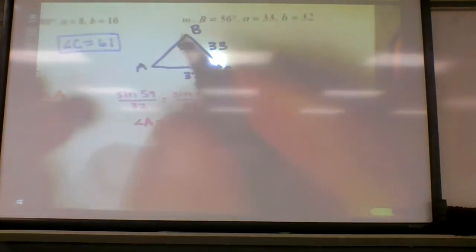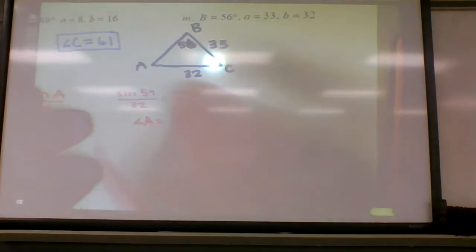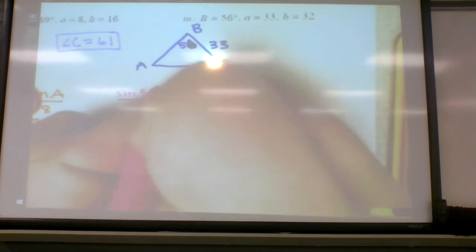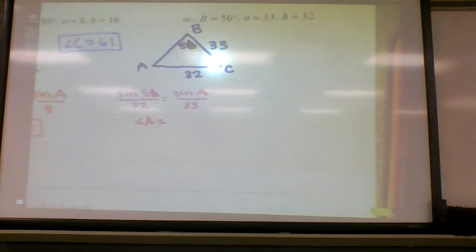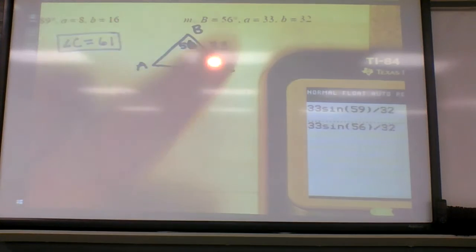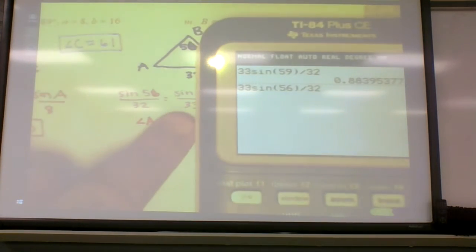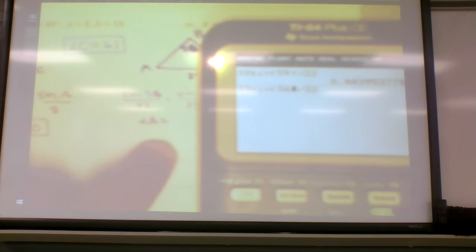Oh, that's a 56, isn't it? My bad. I just make up extra numbers, you know. It's okay. 56. Thank you for catching it now and not later. Let me change this. Everything else is good, right? Okay, so 33 times the sine of 56, and then make sure you close that parentheses, divided by 32.